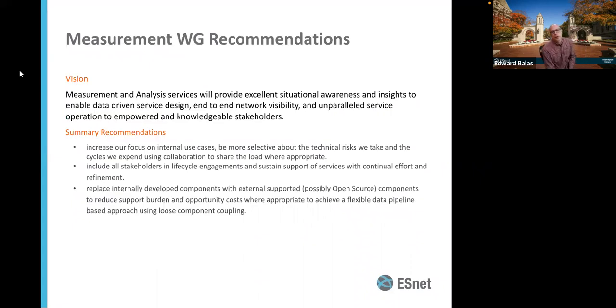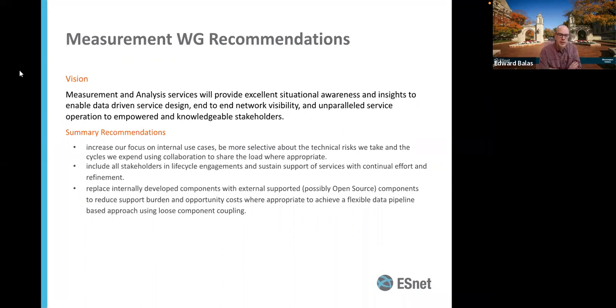So in terms of this measurement working group, which was sort of, I'd say, the precipitating event or inspiration for Stardust, what we ended up doing was basically getting reps from across the organization and doing a mix of gap analysis or SWOT analysis and brainstorming of what we think the desired future state should be in 5-10 years. And in the end, what you see here on the slide is what came out of that work.